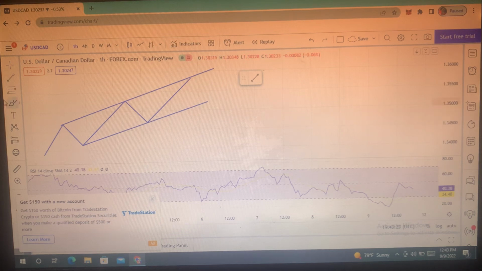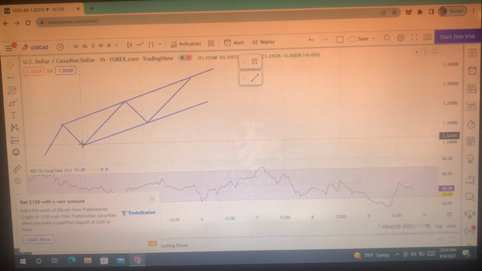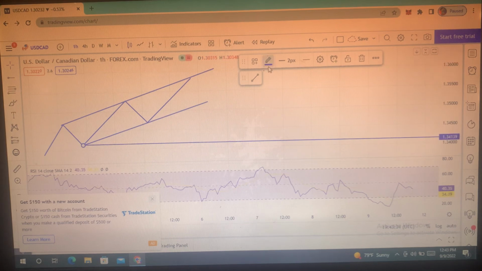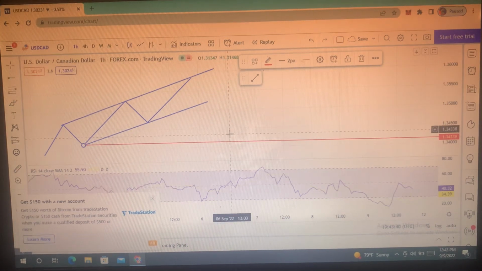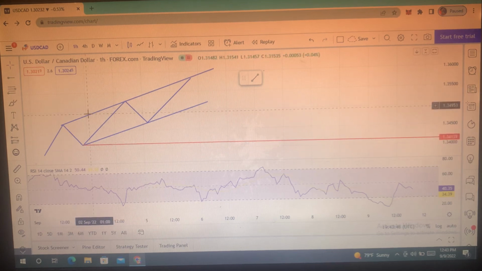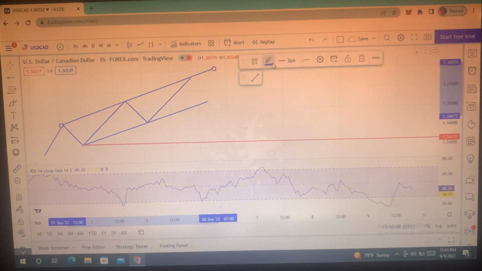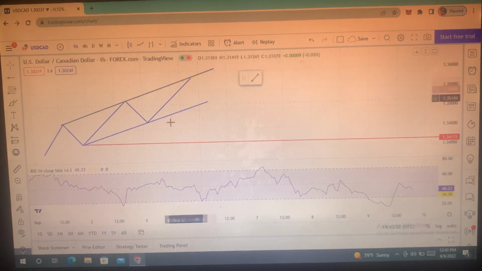So this can be considered as a support zone. I'll change the color so that you understand. Let's use red. Okay, so this here, look at it, the market pushed up. Let me use a black line here so that we can differentiate the channels.